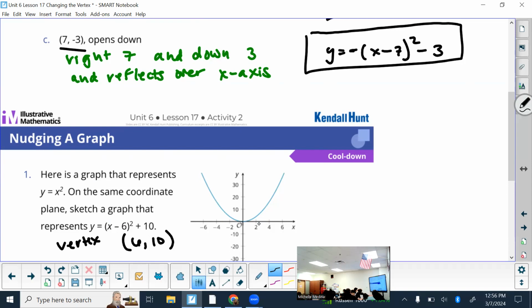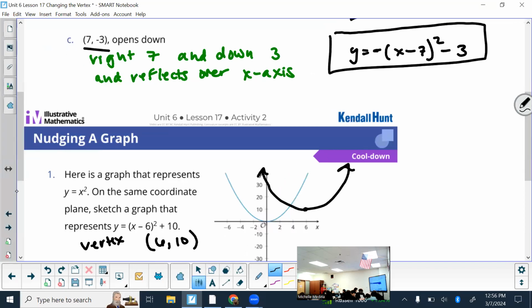So when you made your sketch for this one, you should have a point here. Pay attention to how the axes are labeled. 6, 10 would be there. And then it didn't say anything about it stretching or compressing. A is not negative, right? So it should still be the same size. It just now has a new vertex at 6, 10.